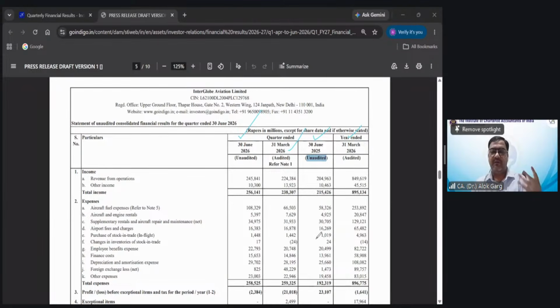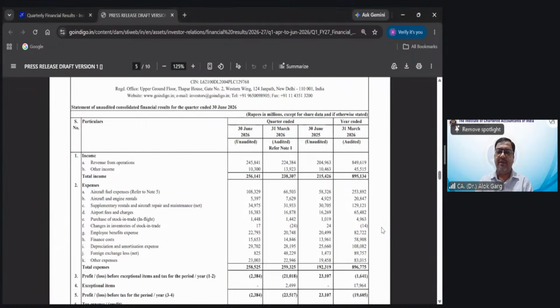So, my dear friends, let's assume this is the same P&L. The only thing is, reporting of the previous quarter as a comparative is required.